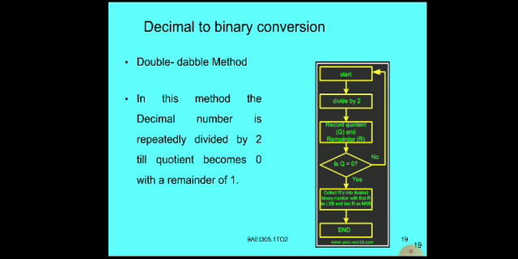Okay, simple steps, the sequence of steps in the diagram. First, take the decimal number and start dividing by 2. Record the remainder on the right side and the quotient below, and test whether the quotient has reached 0 or not.